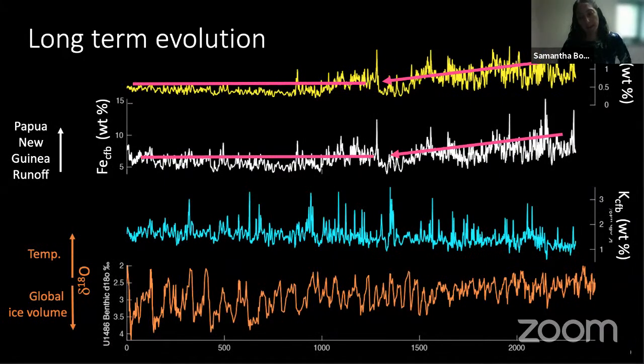Yeah, so I don't think so. That's based, in part, on just looking at the cores themselves. You can see that the sediment is changing as you go down core, and when you start to see this ramp up of iron and titanium, you can see in the core itself this volcanic material.